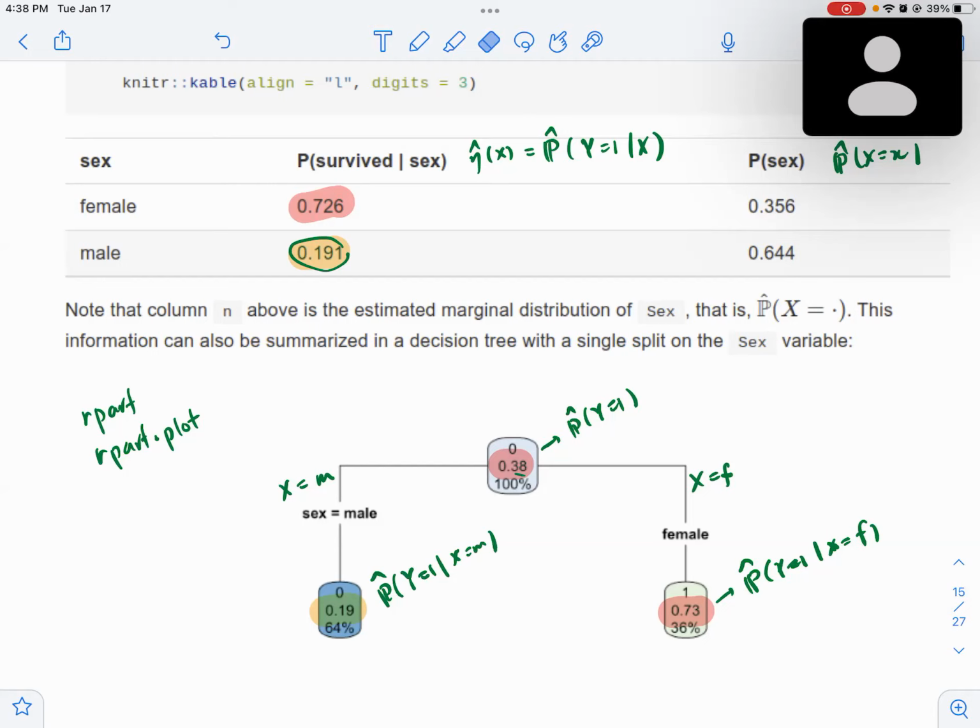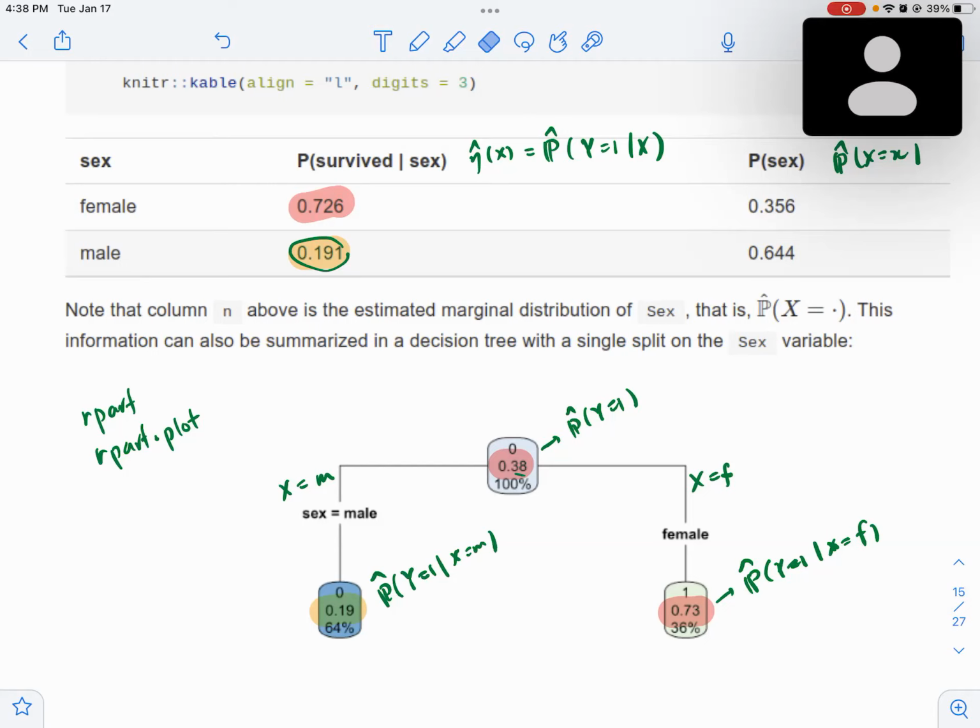So this single picture summarizes both the estimate of the majority rule, and the optimal or plug-in rule based on a single covariate, sex. Right? And these percentages are the fraction of the points, or the observations, that end up being here, basically these marginal counts.